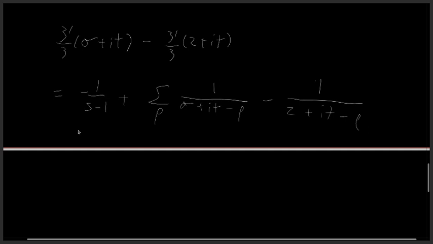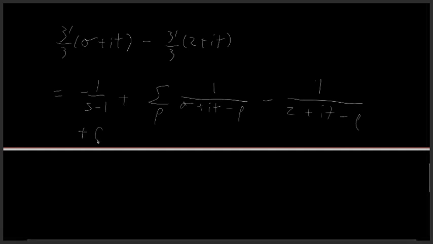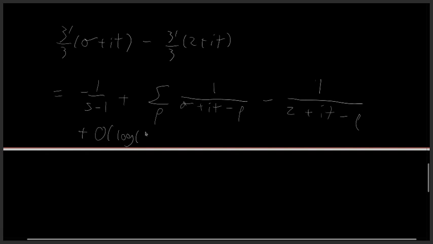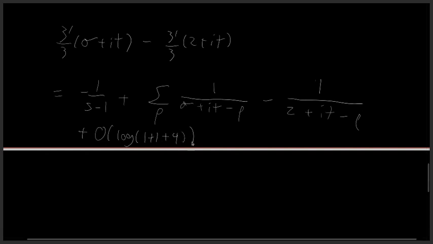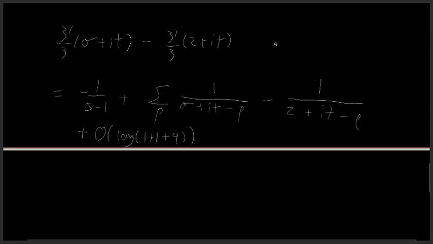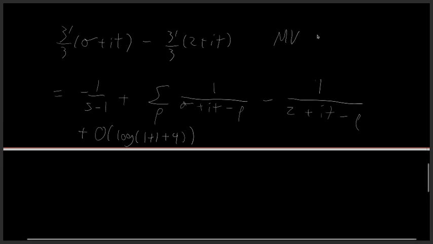So this is still plus O of log of the absolute value of the imaginary part plus 4. So for this, the reference I'll give, if you want to see it again in more detail, is Montgomery-Vaughan section 12. They do it towards the beginning of this section.